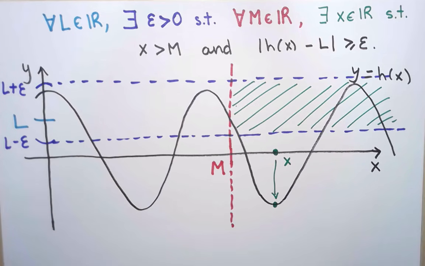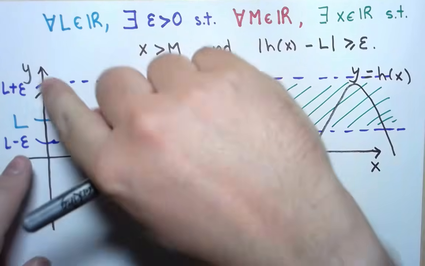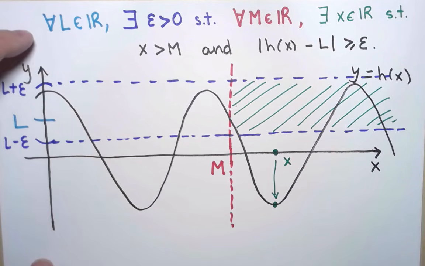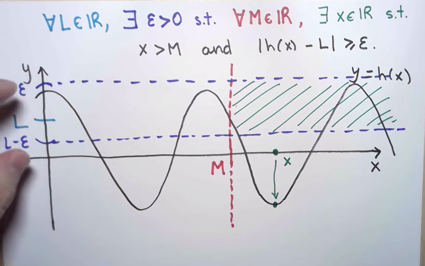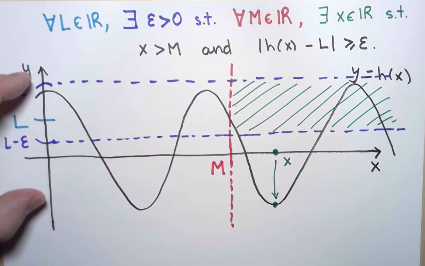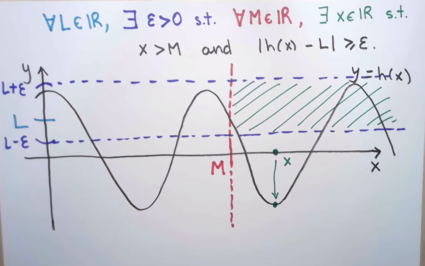It should be clear that to make this happen, I'm going to need to pick epsilon not too large. If I pick a value of epsilon that is very large, so that L minus epsilon, L plus epsilon includes everything between -1 and 1, this will be impossible. So as long as I pick epsilon small enough so that it doesn't include everything between -1 and 1, I have a hope of making this work.